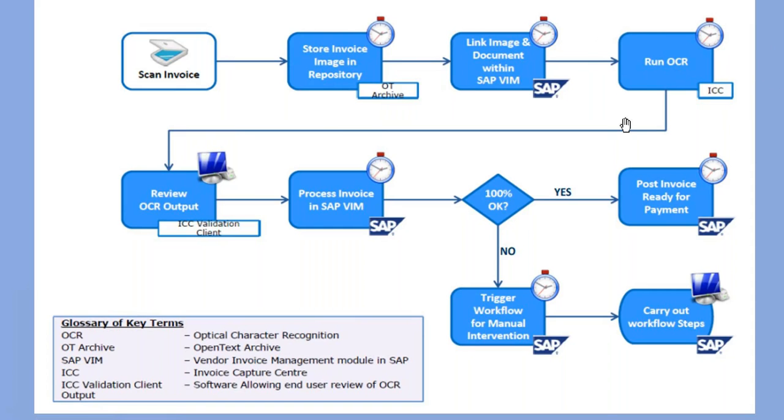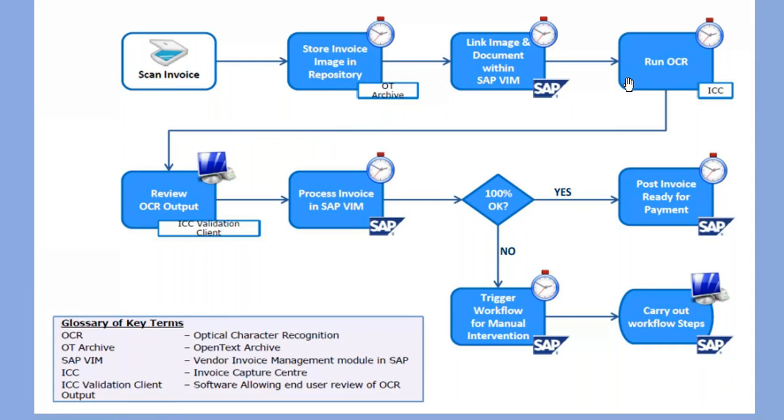What does OCR mean? It is optical character recognition. Optical character recognition extracts all the information from the invoice image. The work OCR does is to extract the data present on the invoice image.